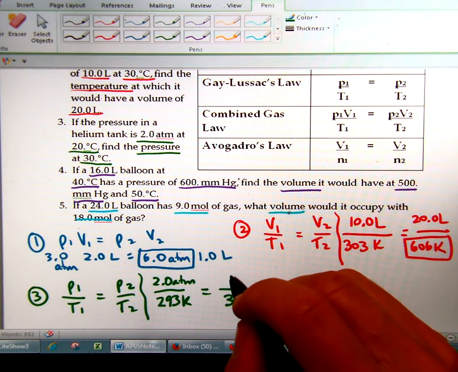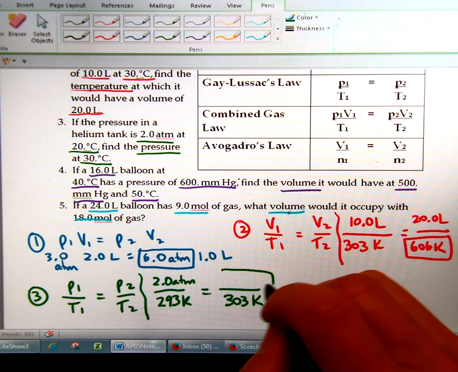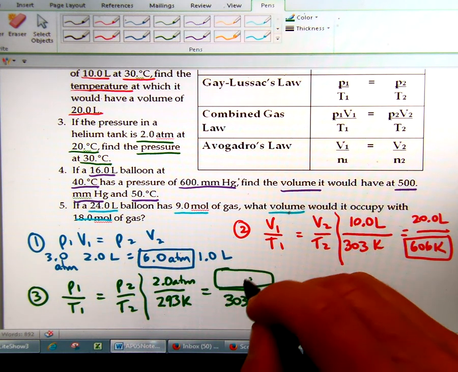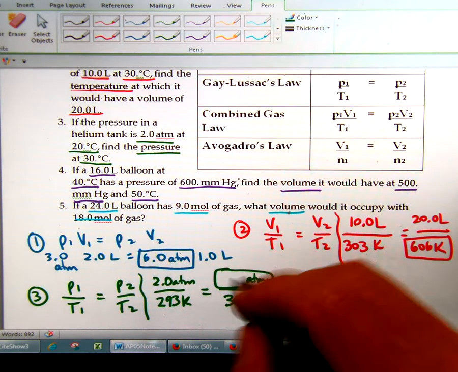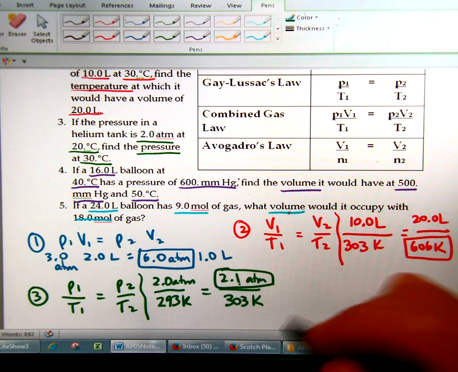And this one's going to be the new pressure, which we don't know. So now you're probably going to have to use your calculator for this. You're going to take 2 divided by 293 times 303, and you're going to come up with 2.1 when you round it to 2 sig figs.